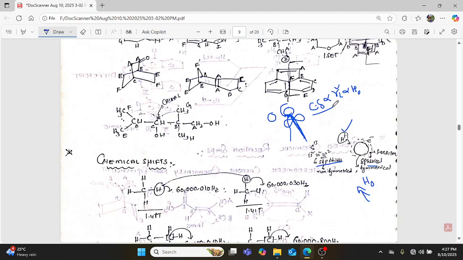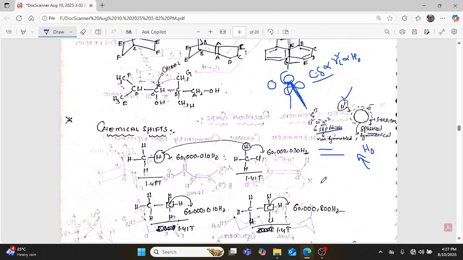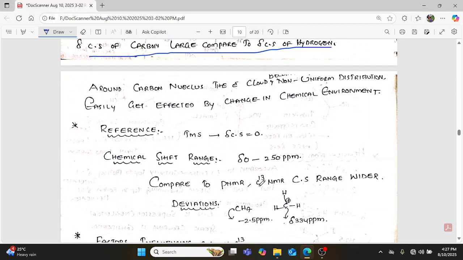That's why, because of the non-symmetrical nature, at one point of time the nucleus experiences 100% of the strength of the external magnetic field. That's why there is a probability for higher values of chemical shifts. Okay, this is the thing.